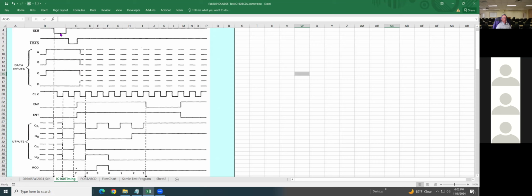Active low. My question is, I said again, clear zero, how come QA, QB, QC, QD don't care? You see, that means they're not data here. Who can tell me why?